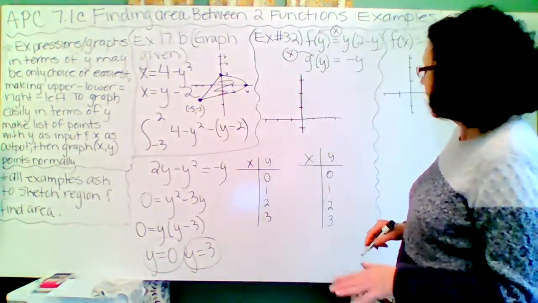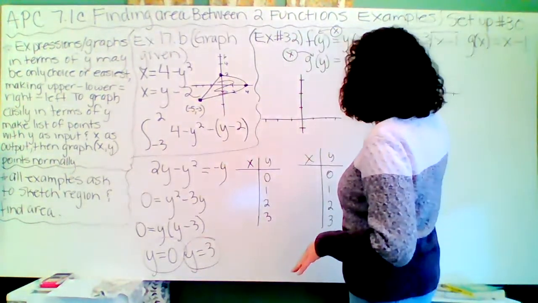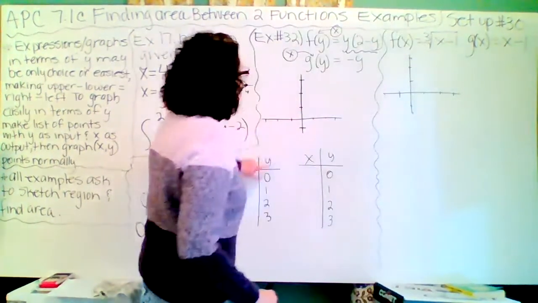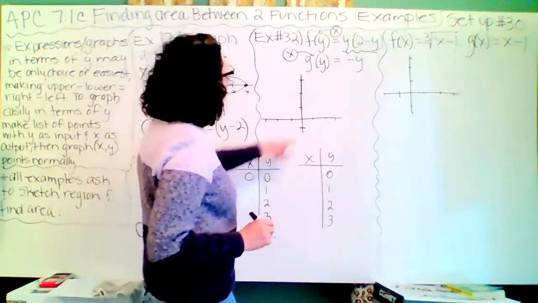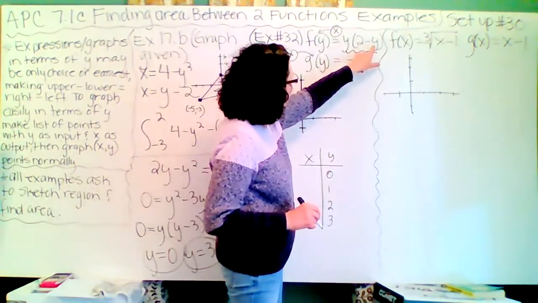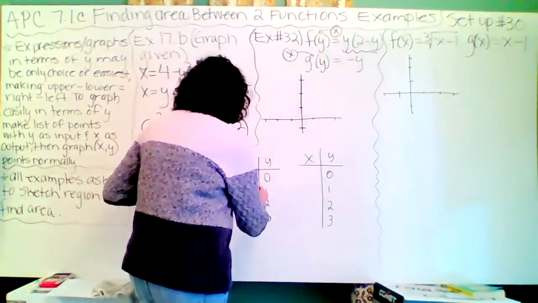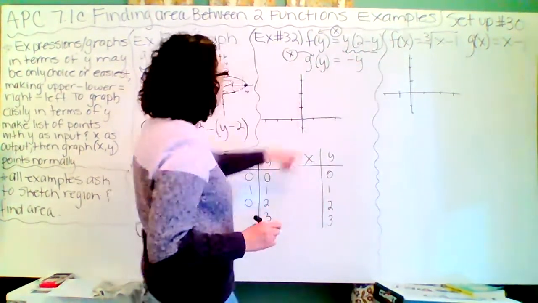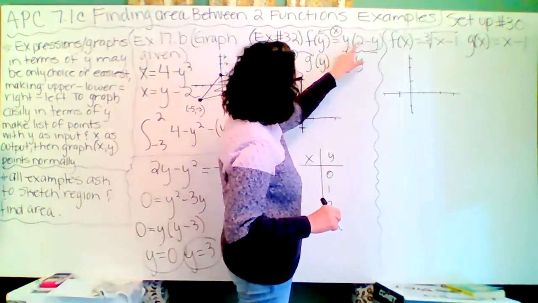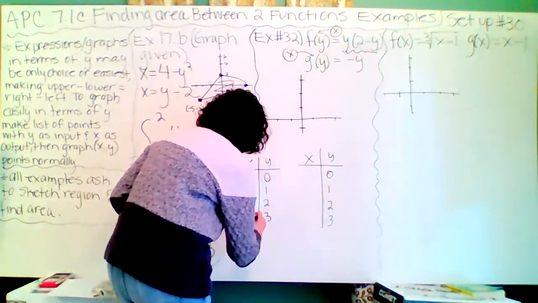So let's start with the top function right here. When I put in a 0 for the y here and here, I get a 0 for the x. When I put in a 1 here, I get 1 times 1. When I put in a 2 here, I get a 0 out. When I put in a 3, I get 3 times negative 1, which is negative 3.